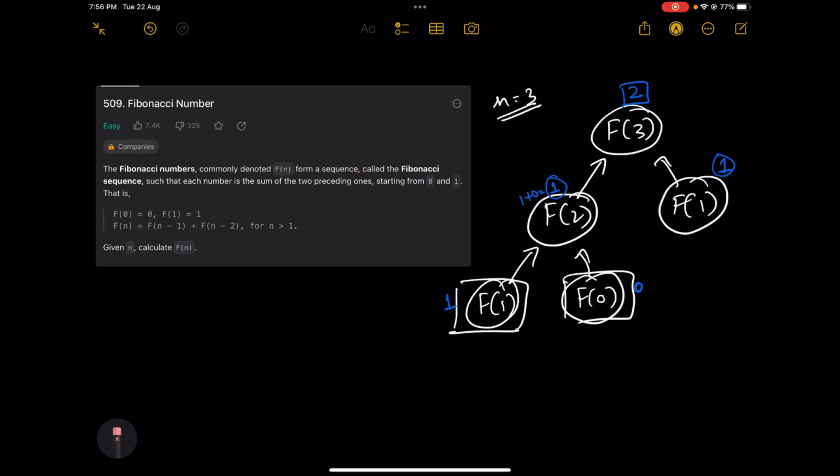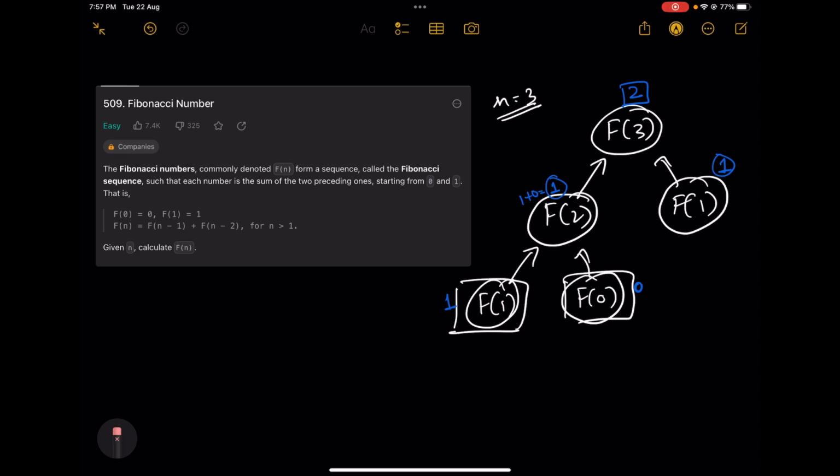So the first part of the question that we needed to answer: can we break down the problem into smaller subproblems? Yes, we can, obviously. And the second part is, can we combine the solutions of these subproblems easily to get the solution for the original problem?